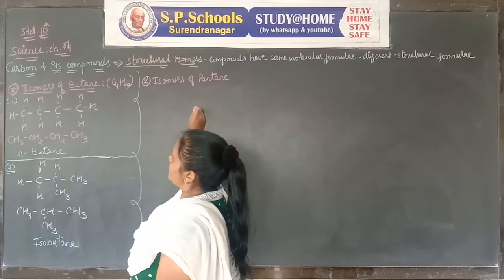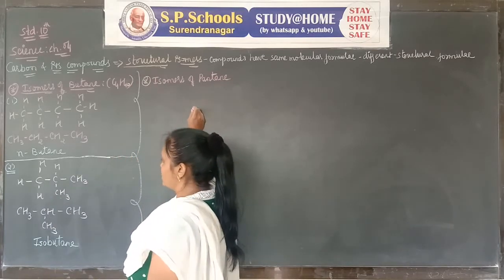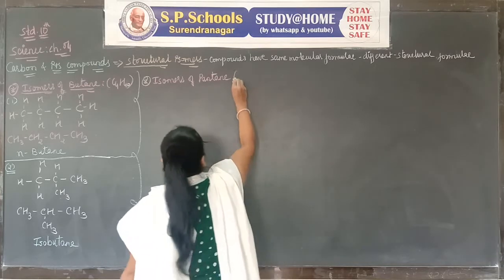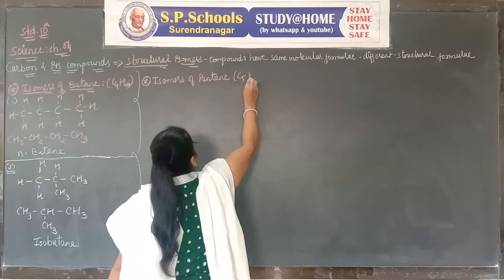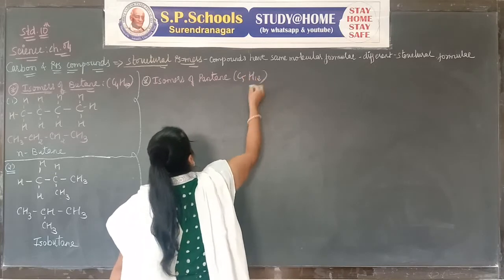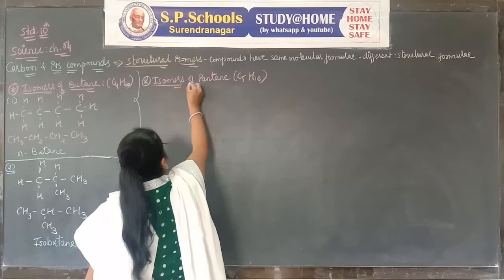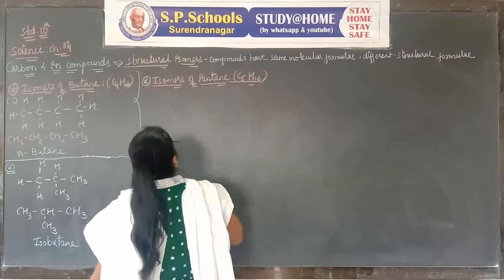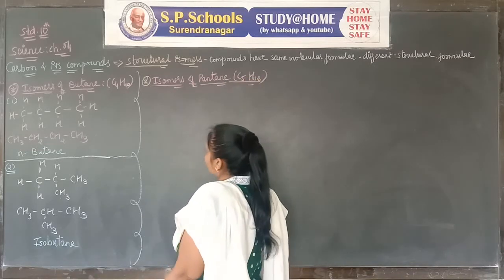The formula for butane is C4H10, so pentane is C5H12. Carbon increases by 1 and hydrogen increases by 2.